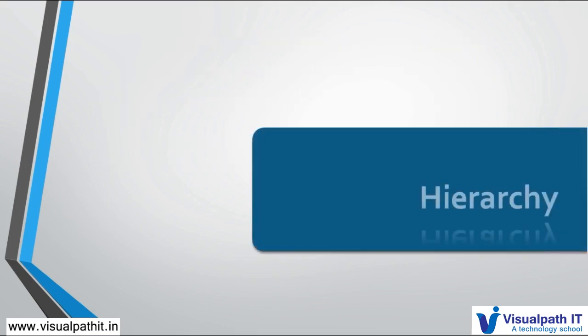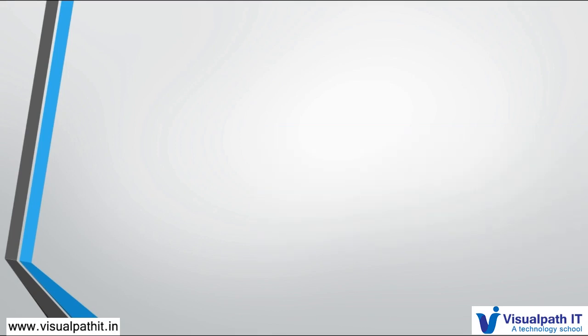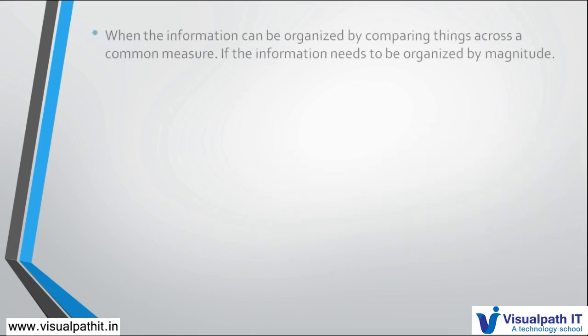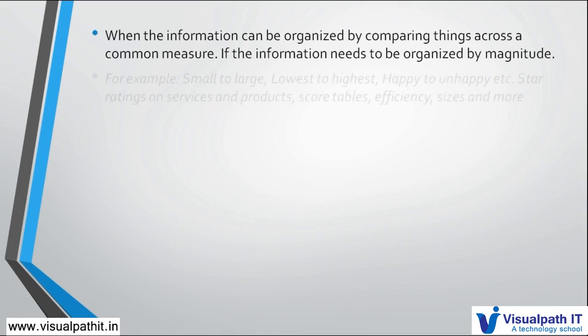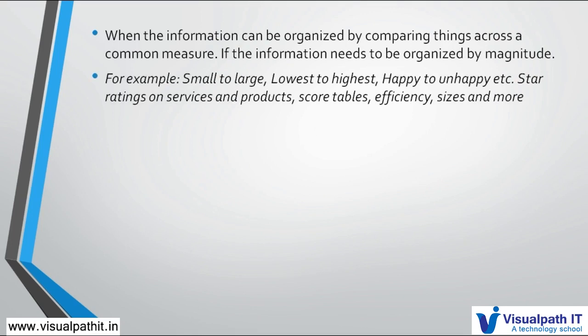Let's see next, which is hierarchy. When the information can be organized by comparing things across a common measure, if the information needs to be organized by magnitude, for example, small to large, lowest to highest, happy to unhappy, and so on.